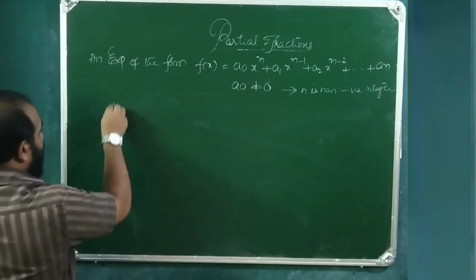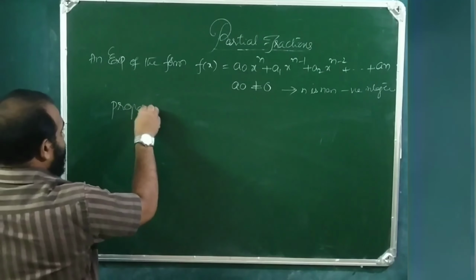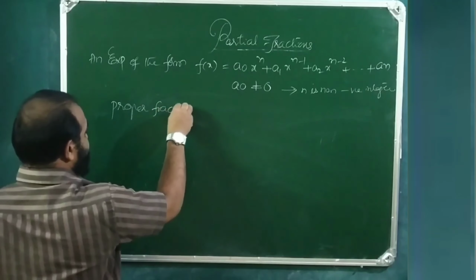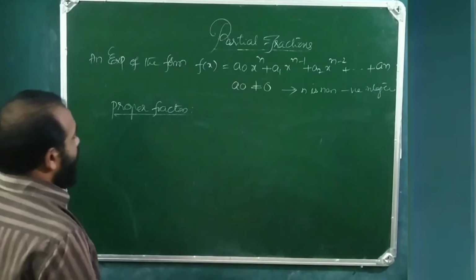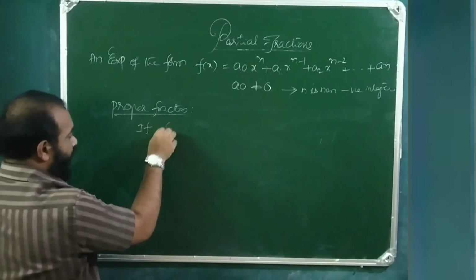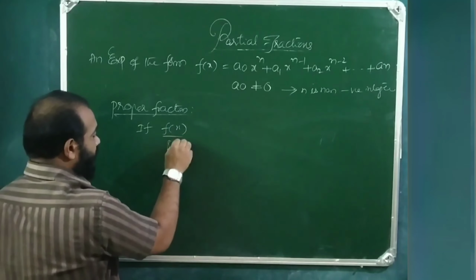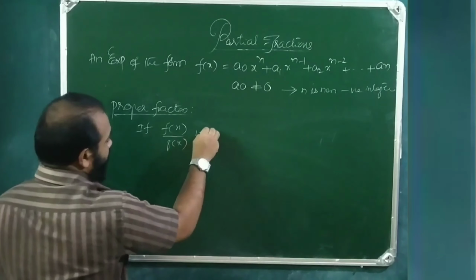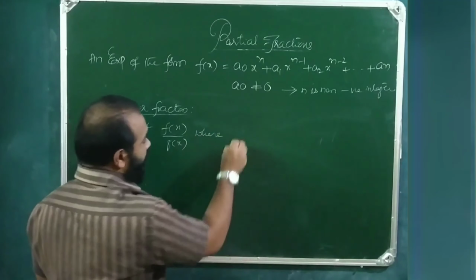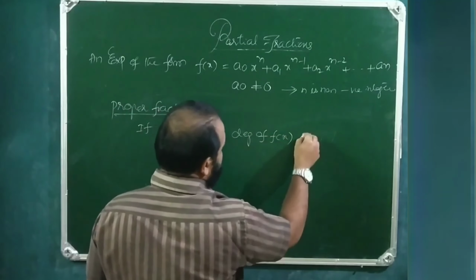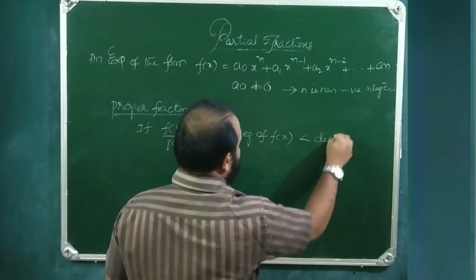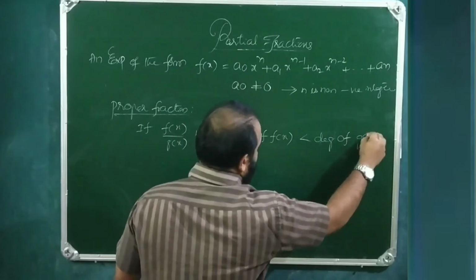Now, proper fraction. A fraction f of x by g of x, where degree of f of x is less than that of degree of g of x.